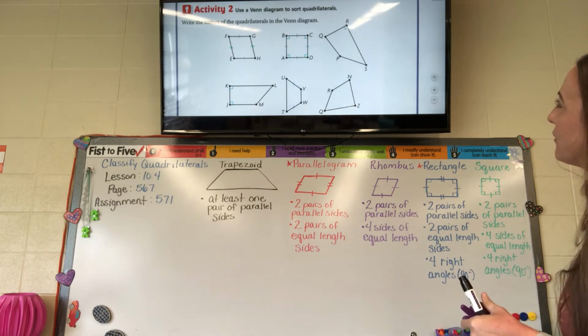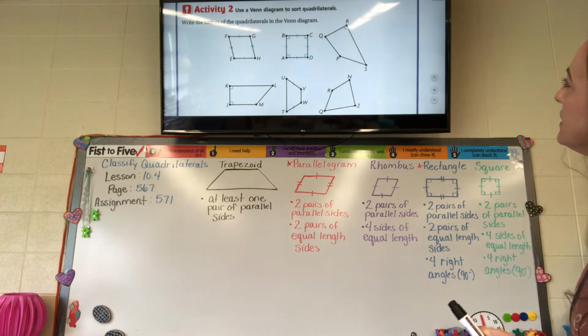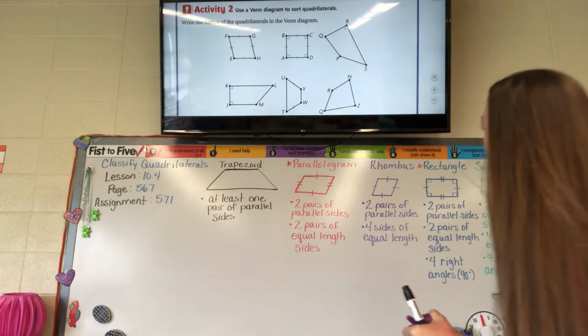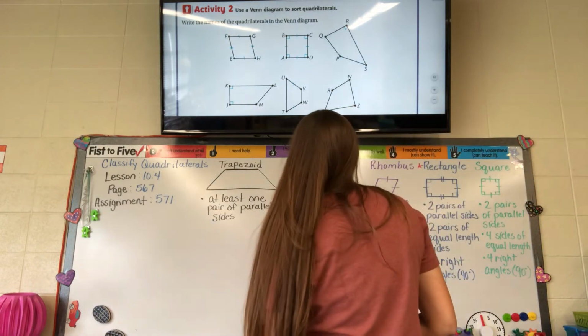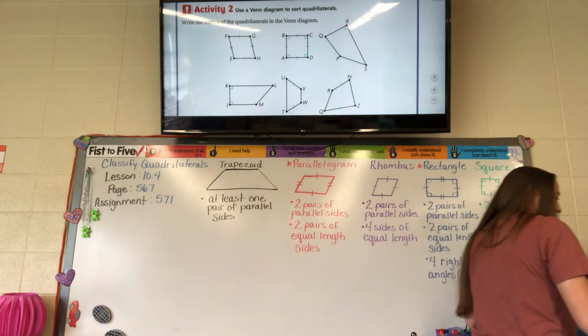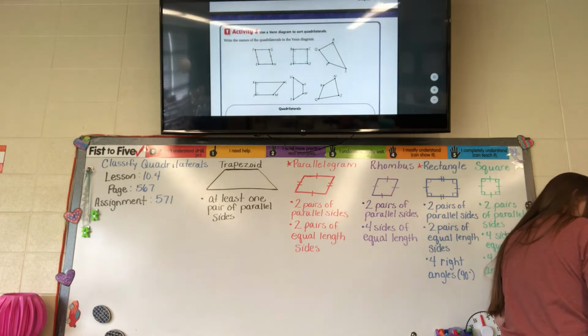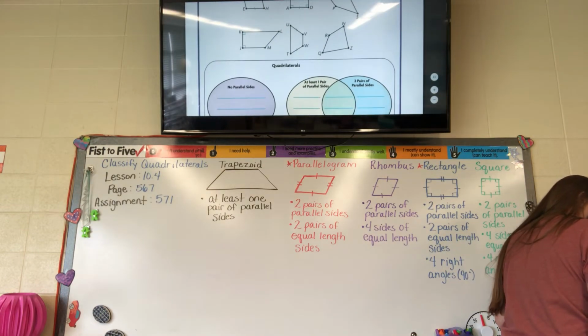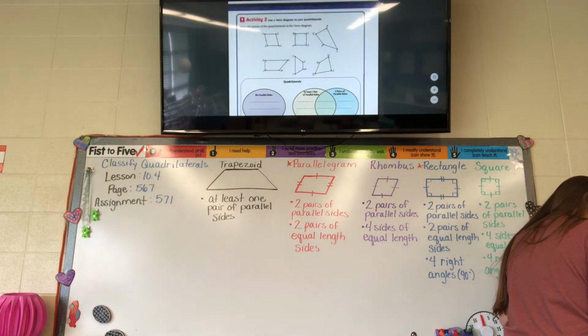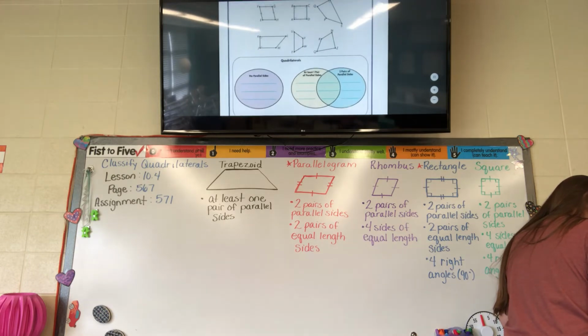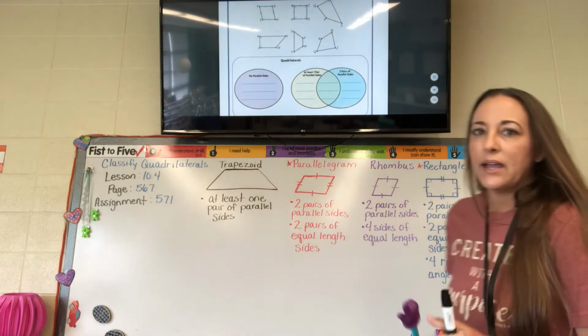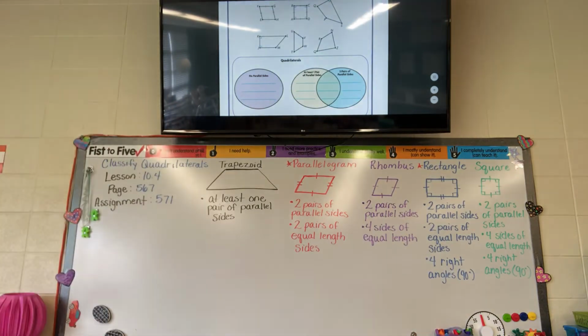Use a Venn diagram to sort quadrilaterals. Write the name of the quadrilaterals in the Venn diagram. So, let's see here. All right, I hope you guys can see that okay. I know I had to make it smaller.